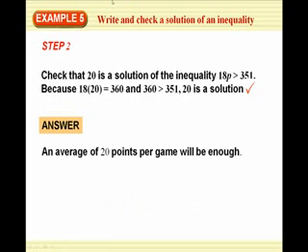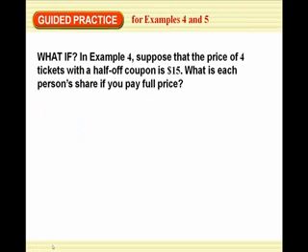An average of 20 would be enough because here they did 18 times 20 is 360, and they scored 351 last year. So it would be enough for them to make it. Okay, the guided practice says, what if, in example 4, suppose the price of 4 tickets with a half off coupon is $15. What does each person share if you pay full price?